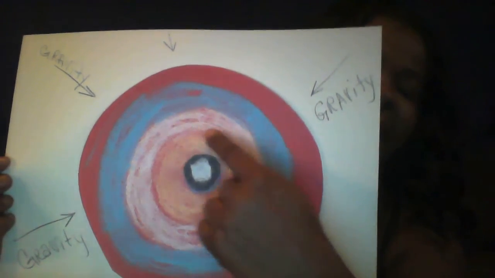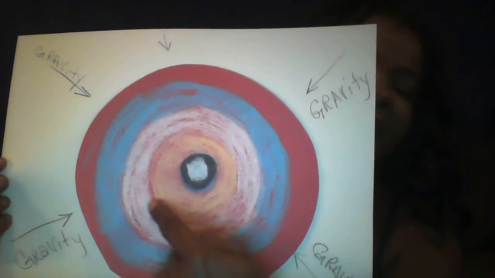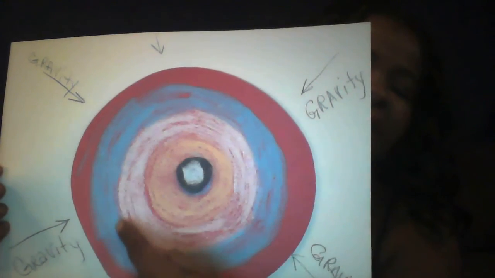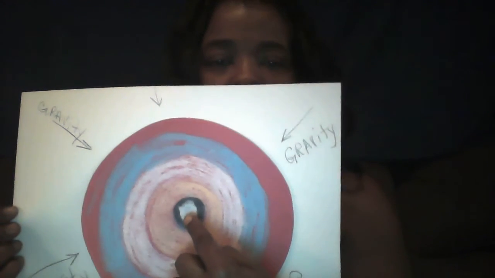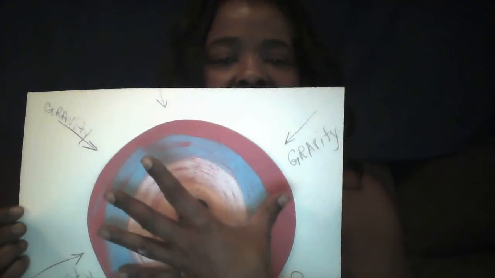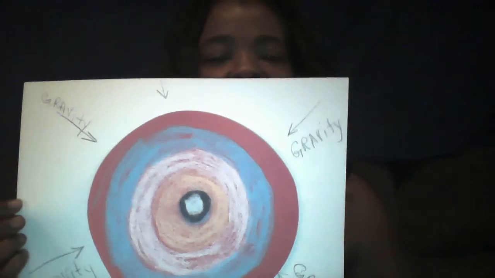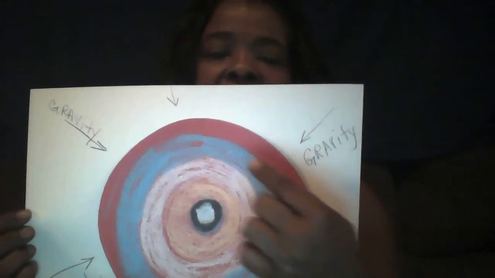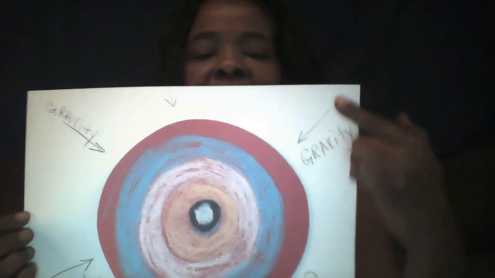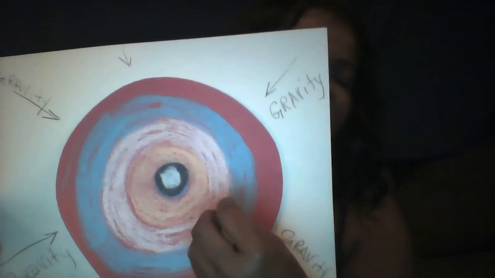What's happening is the hydrogen is mixing in with the helium, and as it pushes outward, we have heavier elements inside the core that are pushing out the lighter elements such as the hydrogen and the helium. Then eventually as they mix, we get oxygen and carbon, but meanwhile we have gravity constantly pressing down on this thing.